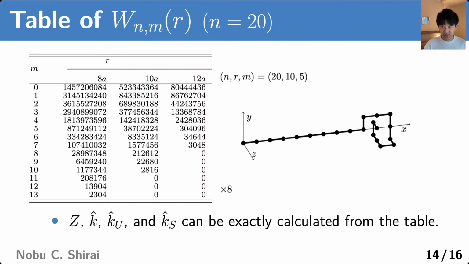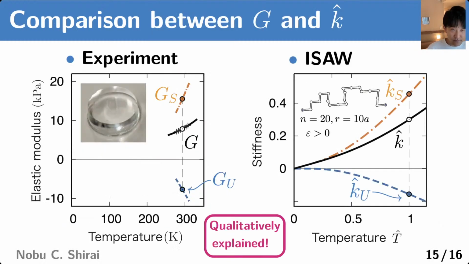This is the same as the definition of them, so in that sense, no approximation. And this is almost the same as the second slide. So we got this main result, and we could qualitatively explain the result of the experiment, the decomposition into GS and GU using KS and KU.